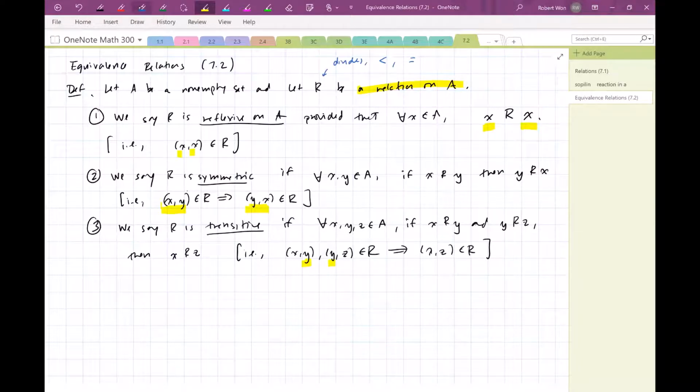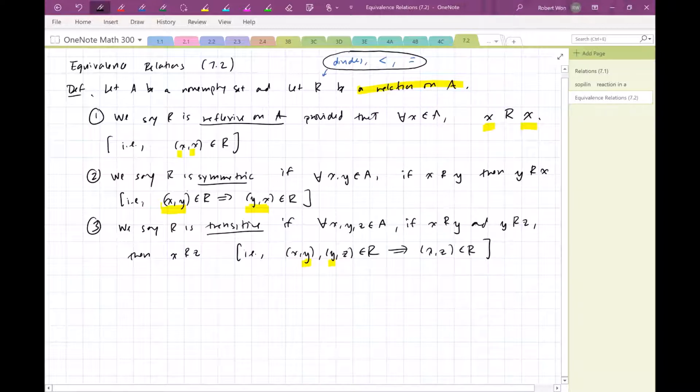Okay, but whenever we think about a new definition, we should have some examples in mind. And I said let's continue going back to these running examples of divides, less than, and equality.